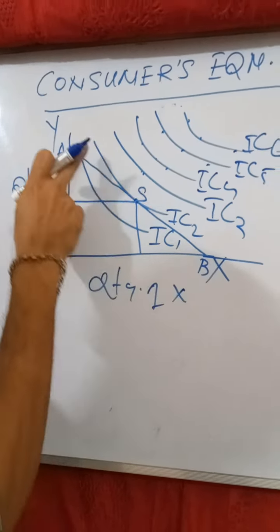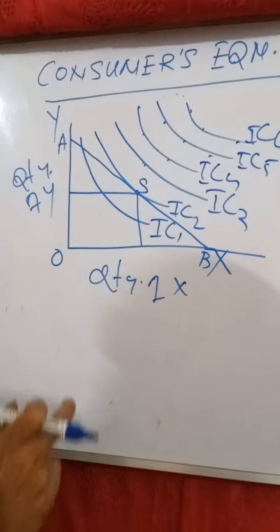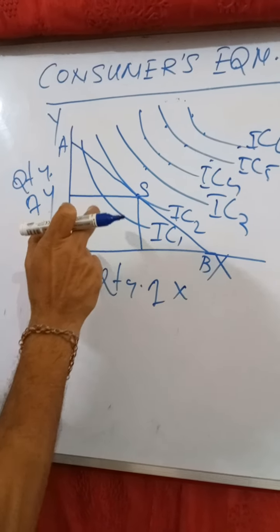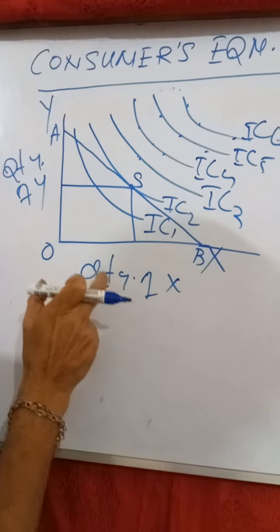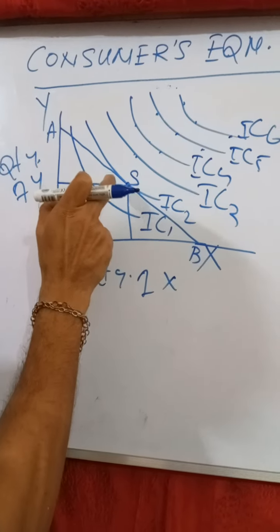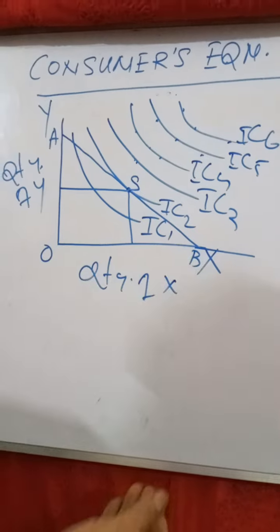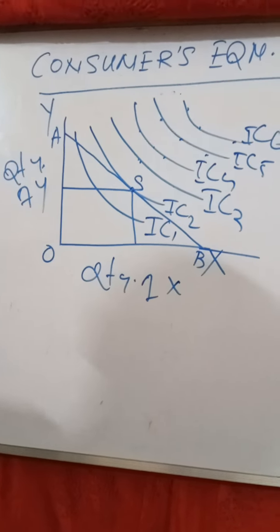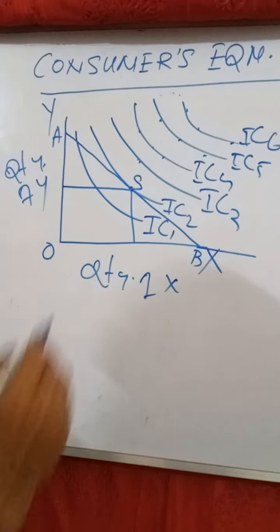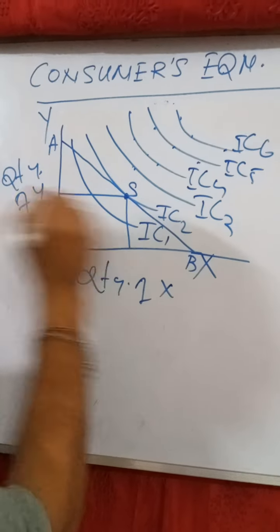That means the consumer is in equilibrium because he is getting maximum satisfaction by allocating his money income between two commodities. So this is the point of equilibrium.